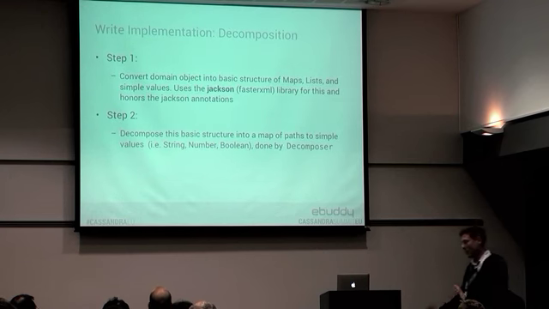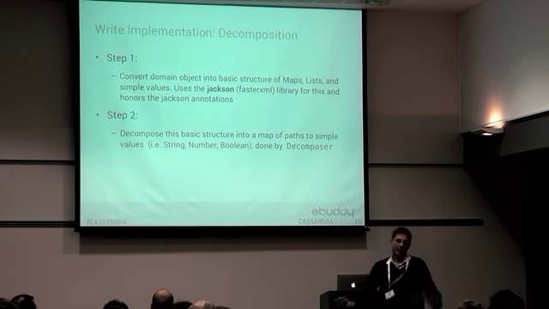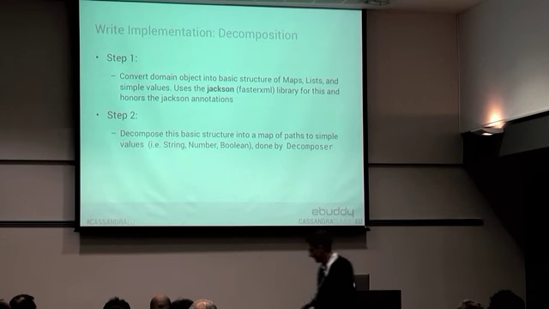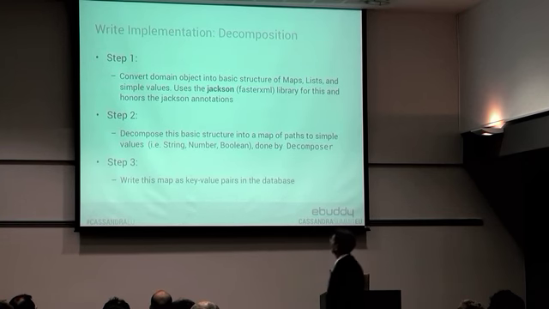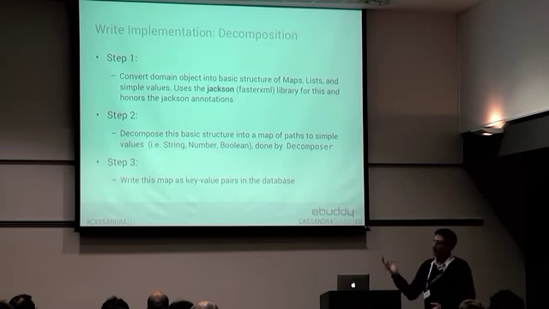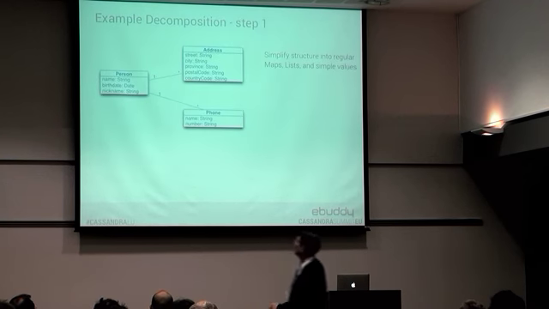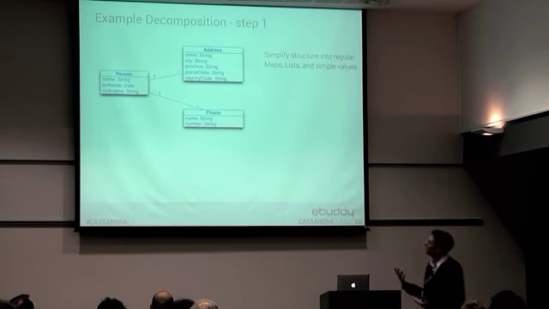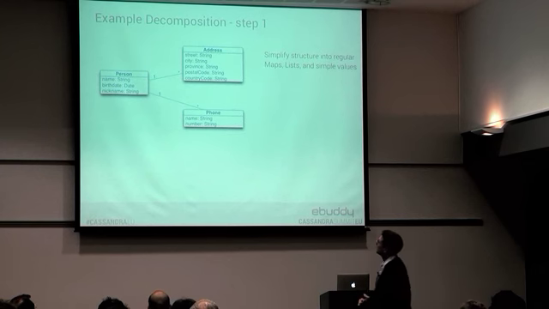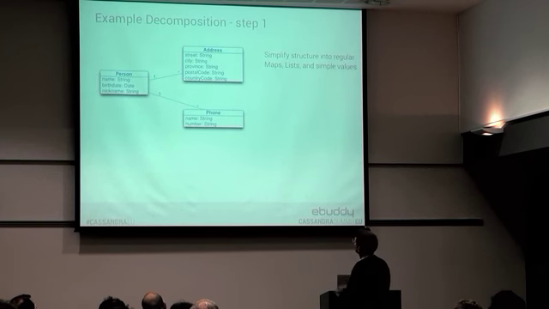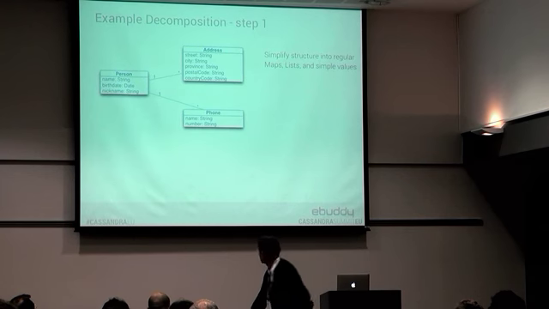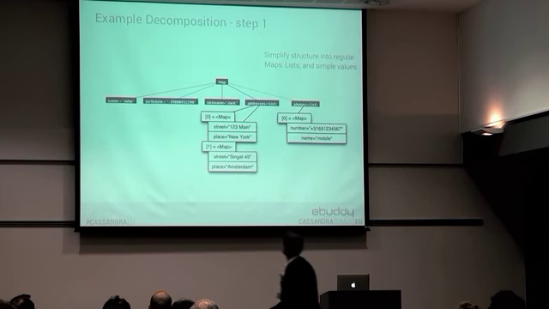It basically walks the object and creates a map of paths to simple values, and then writes this map to the database. For example, you take a complex object like a person with addresses and phone numbers, and it simplifies it into maps, lists, and simple values.